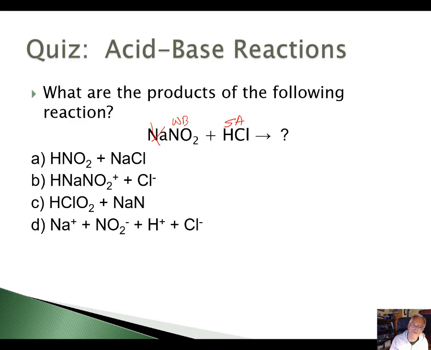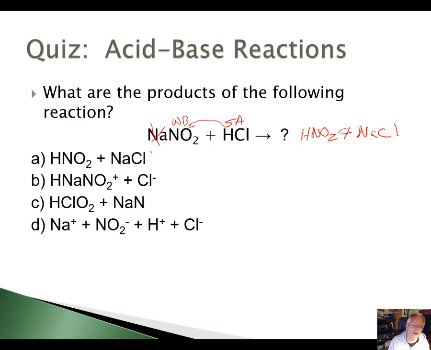So the strong acid is going to force nitrite anion to accept this proton, and then you're going to get some sodium chloride as a neutral conjugate base. So your products are going to be HNO2, just the combination of hydrogen ion and nitrite ion. And then you're going to have NaCl.